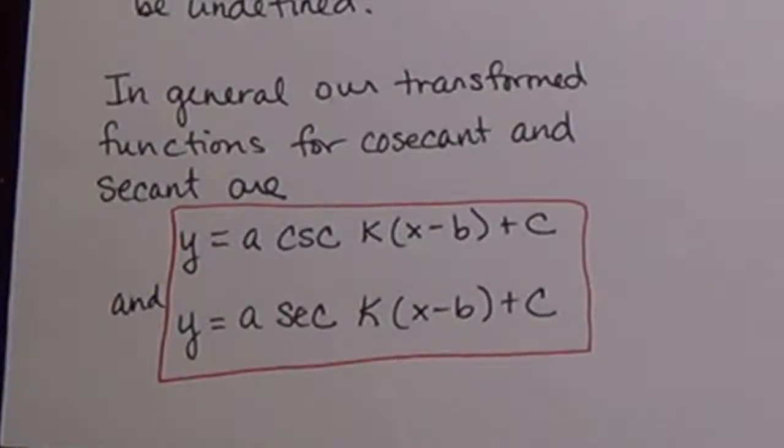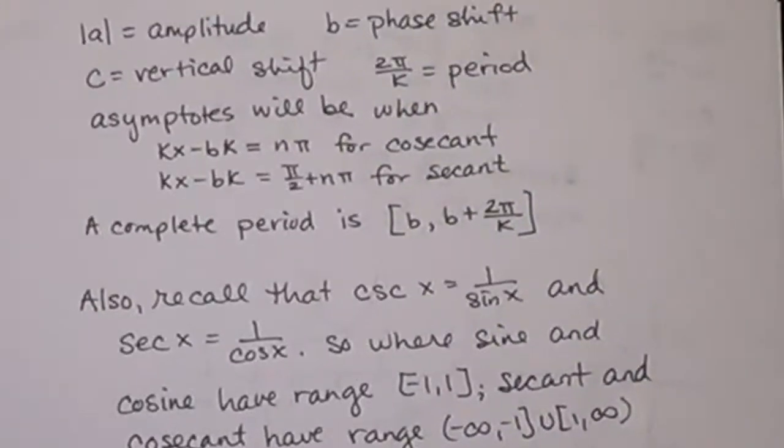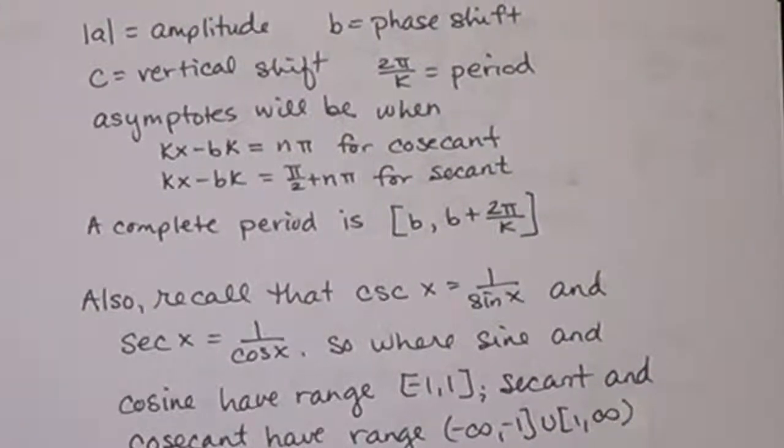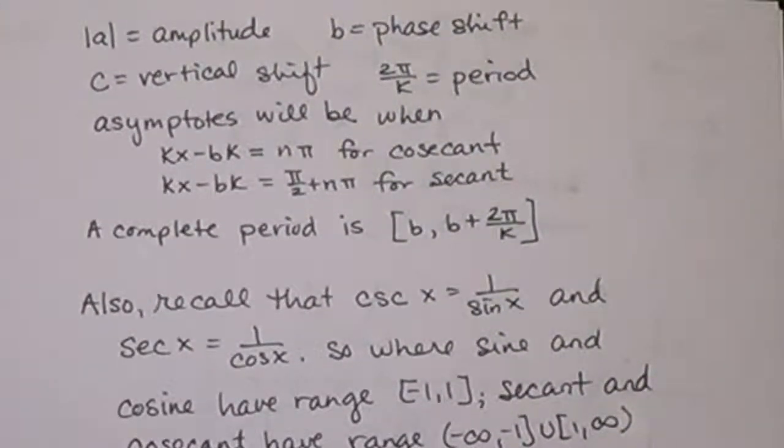So again, these are the two general forms of the equations that we're going to be using to transform our functions. Now, just like with the sine and cosine graphs, a is our amplitude, b is going to be our phase shift, c is our vertical shift, and 2 pi over k is our period.